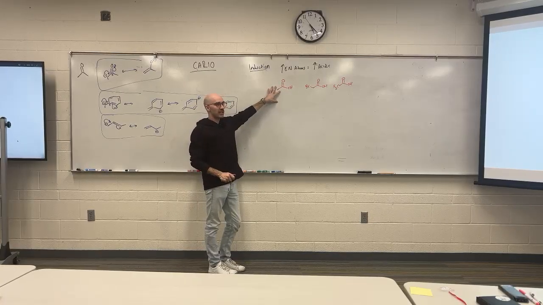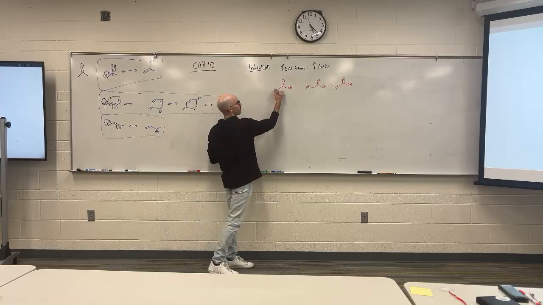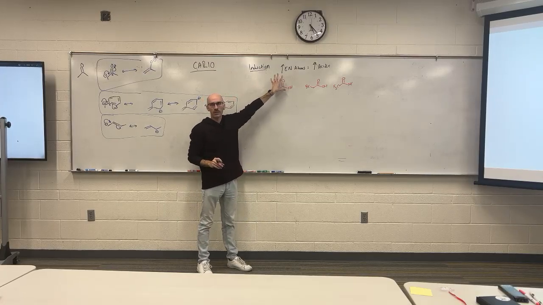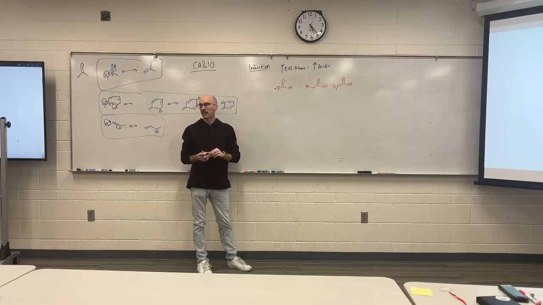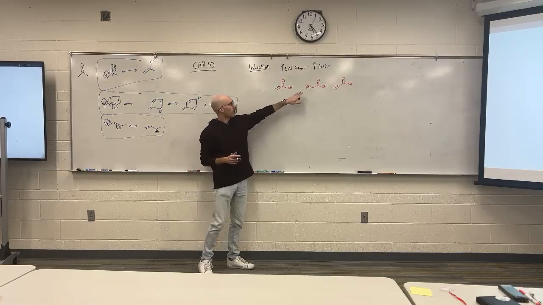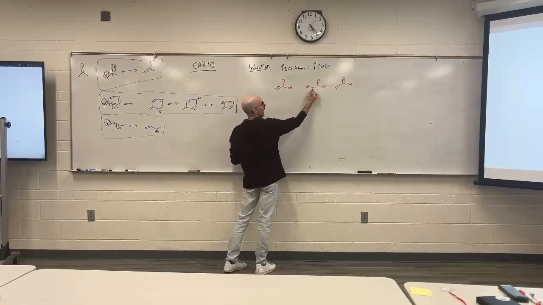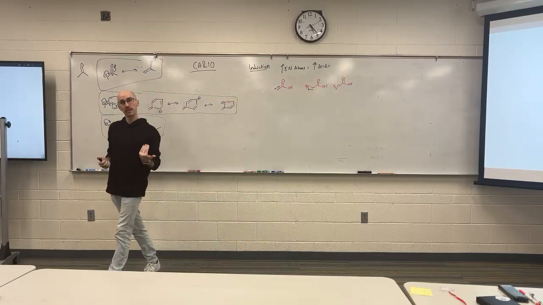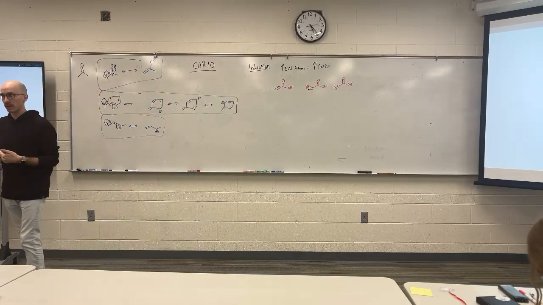So this CH3 group has an inductive push. It actually pushes electron density towards that carboxylic acid group. A bromine, being electronegative, has a pull towards itself, meaning it's trying to pull electrons away from the carboxylic acid group.